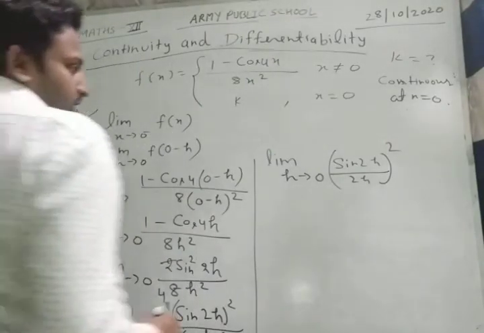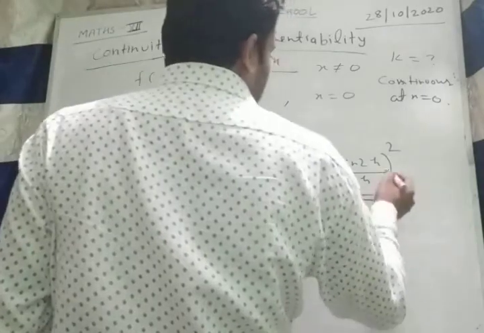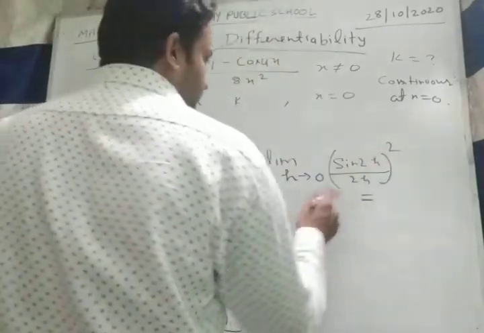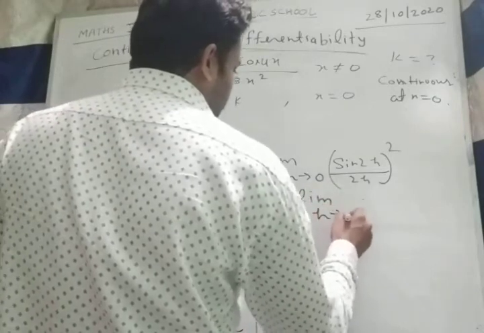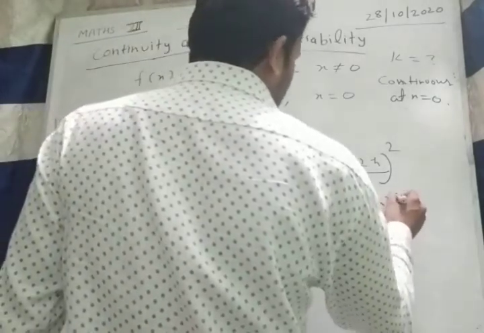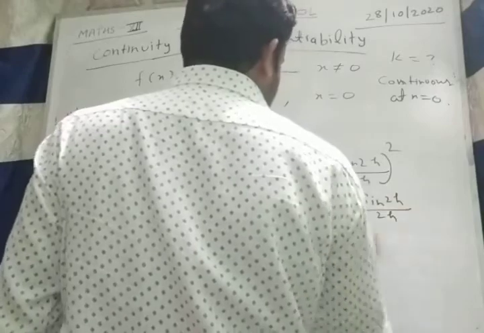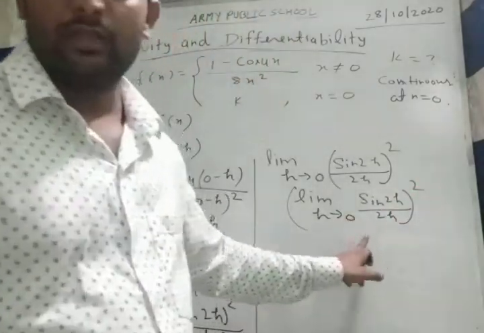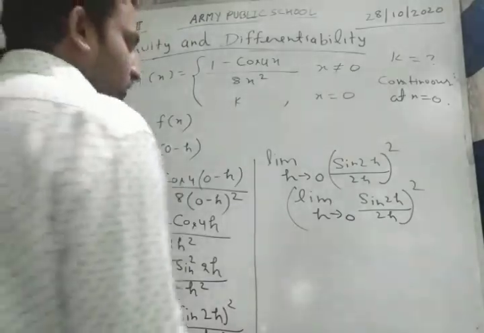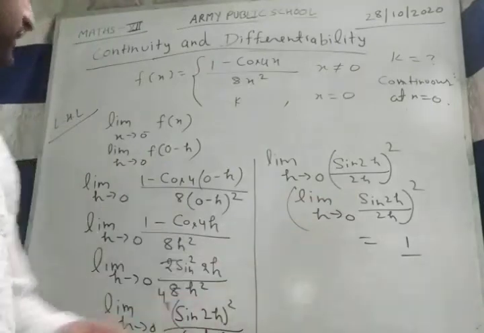This is a standard identity, so the value is 1. So the left hand limit is 1.